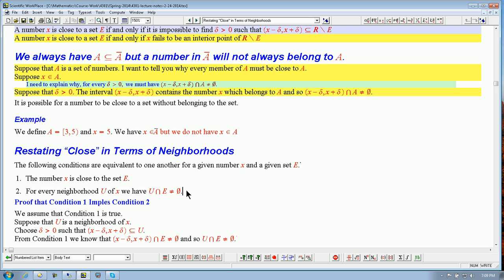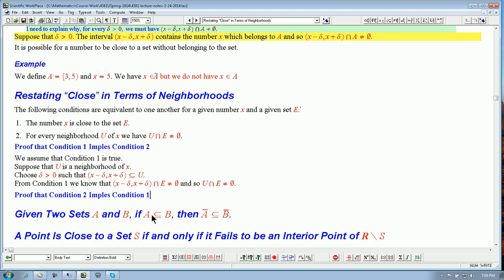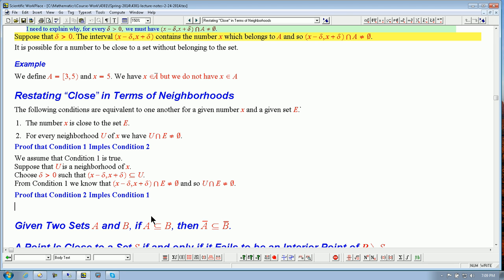We're going to prove that condition 2 implies condition 1. And I want to emphasize to you, if you make this organized, make it absolutely plain which way you're doing. When you want to prove that two conditions are equivalent to one another, it's an if and only if condition.